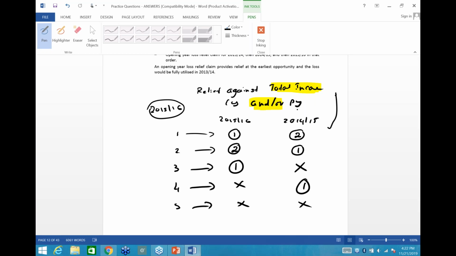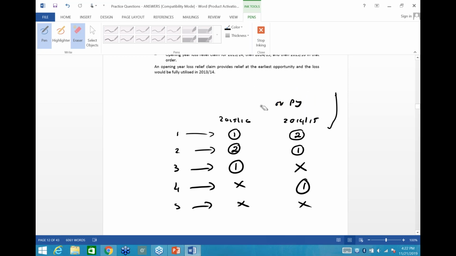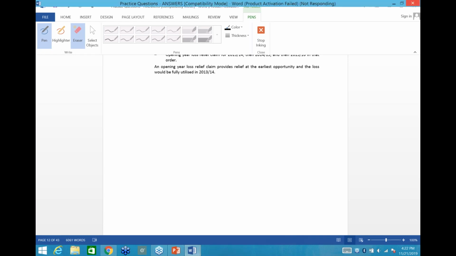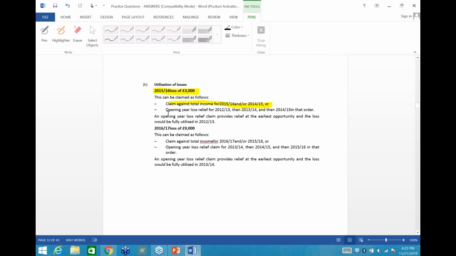But if it is a newly started business, in that case, you have a special opening year relief. You can carry back your trading losses for a period of 3 tax years, as I explained previously, and here, this is what I mentioned.